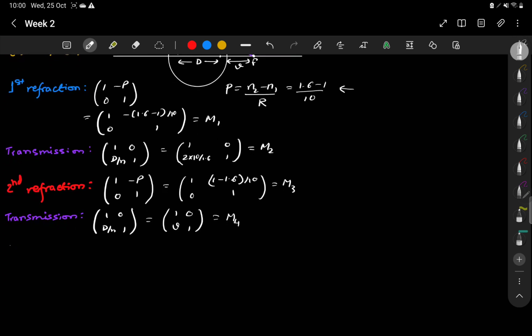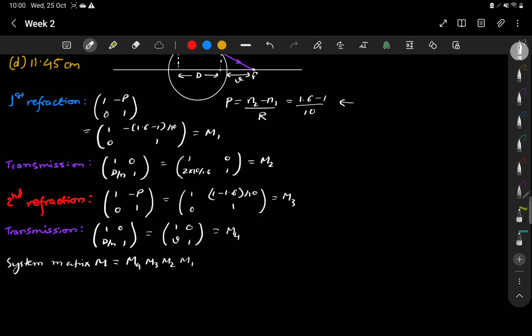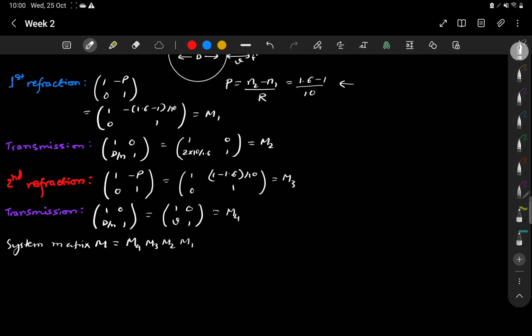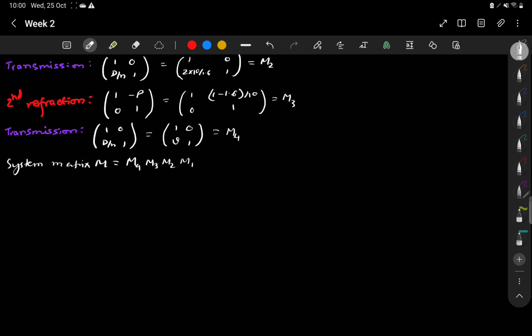Now the system matrix will be the product of all these matrices taken in the reverse order, because first the ray will encounter M1, then M2, then M3, then M4. So this is my system matrix. Let us write down.